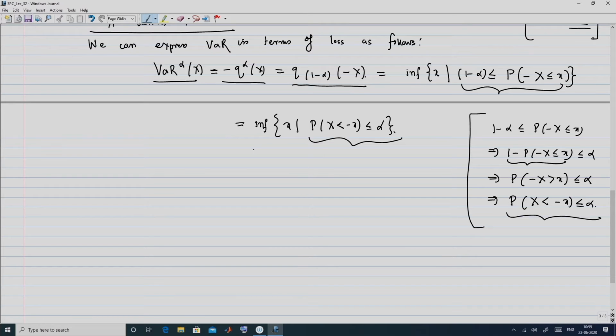Okay, now let us look at this new form of VaR and see what it means.